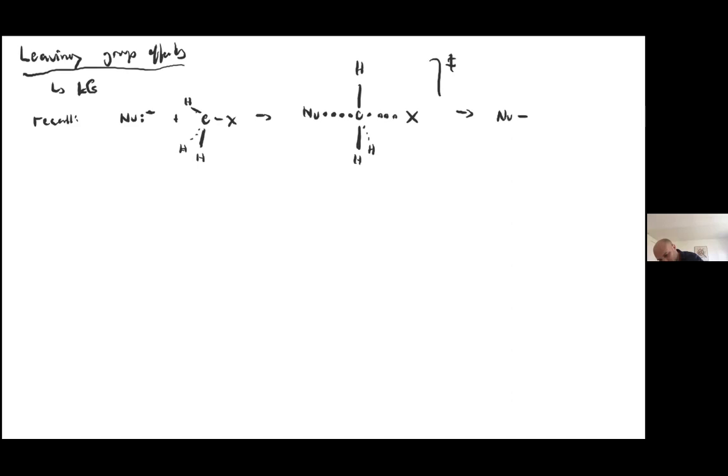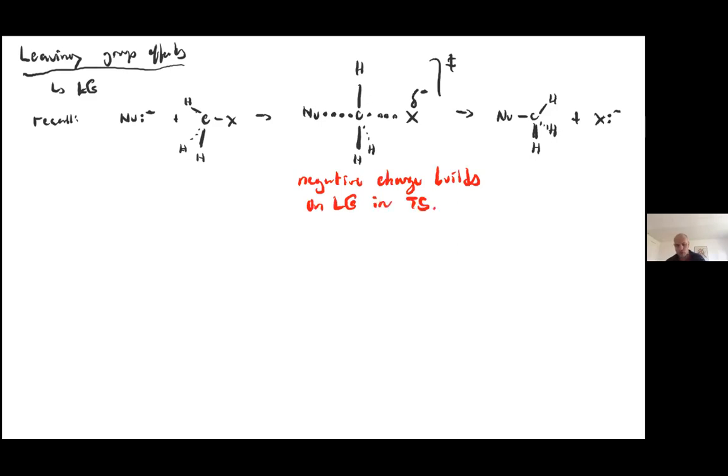And so the nucleophile, as I said, is often negatively charged. Regardless, even if it's neutral, as I approach this transition state, what am I doing? I'm starting to dump negative charge onto the leaving group. So negative charge builds on the leaving group in the transition state.